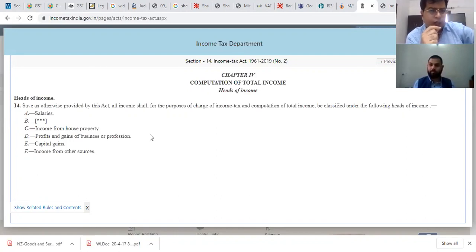Now, what happens is when remuneration is paid by a company to its director, the company also deducts TDS. On the fixed component portion, the companies end up deducting TDS on that fixed remuneration component, which is considered by them as salary under Section 192. On the rest of the component, whenever they pay to the director, they deduct it under Section 194J.